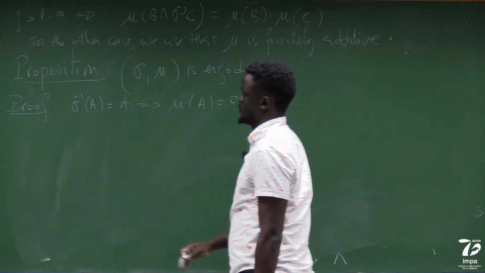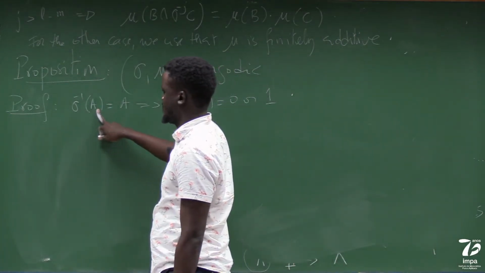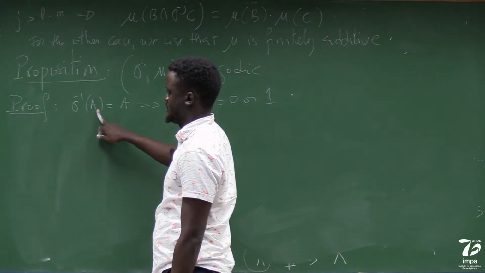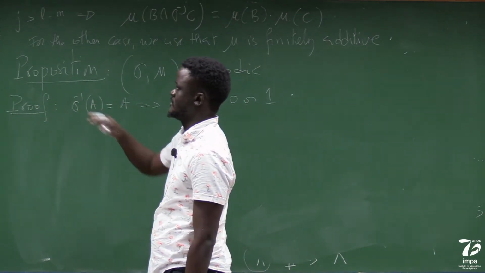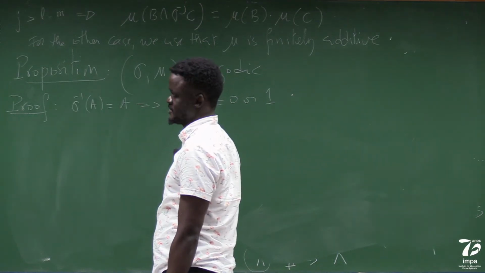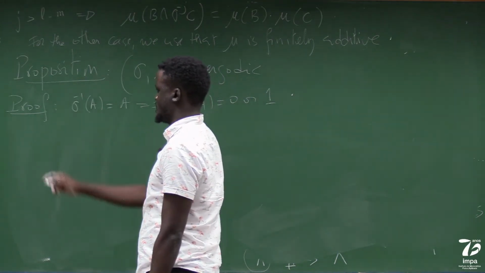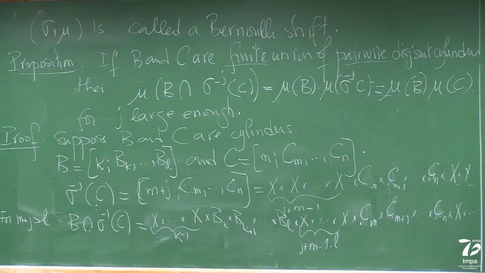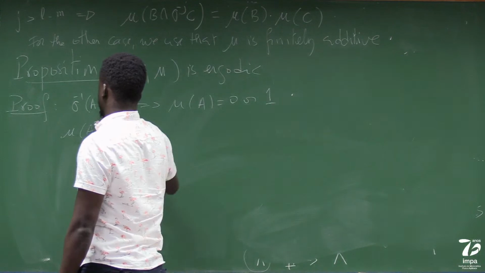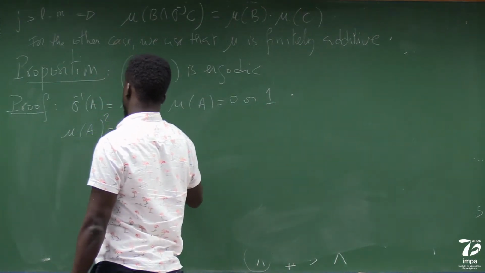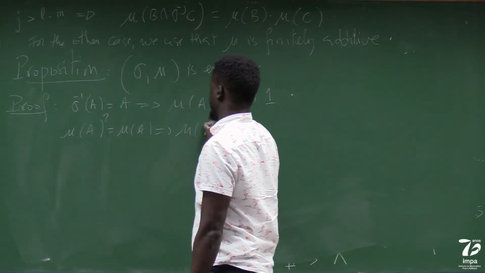So you first do it when A is a finite union of disjoint cylinders, and you can use this property. What you would have is mu of A squared equals mu of A, which implies that mu of A is 0 or 1.